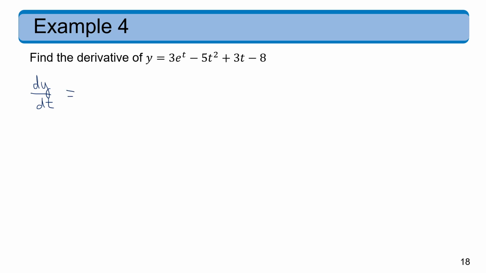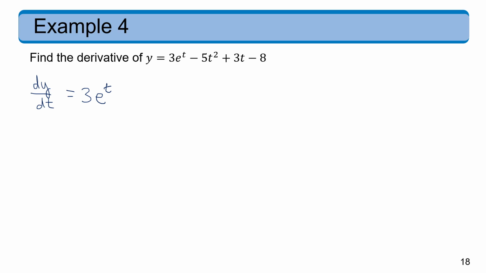Now, start with the first term, 3e to the t. That's a constant times e to the t, so we can use the constant multiple rule. You just carry along the constant, and now we multiply that by the derivative of e to the t, which is just e to the t, right? The derivative of e to the t is itself, and that 3 just gets carried along in front. Now we go to the next term.